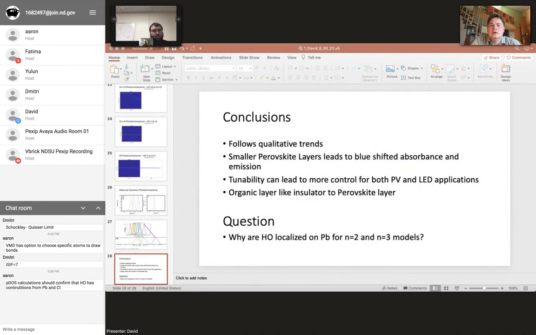I did K-point sampling for the n=1 model, but I never really got back to looking at what came out from it.